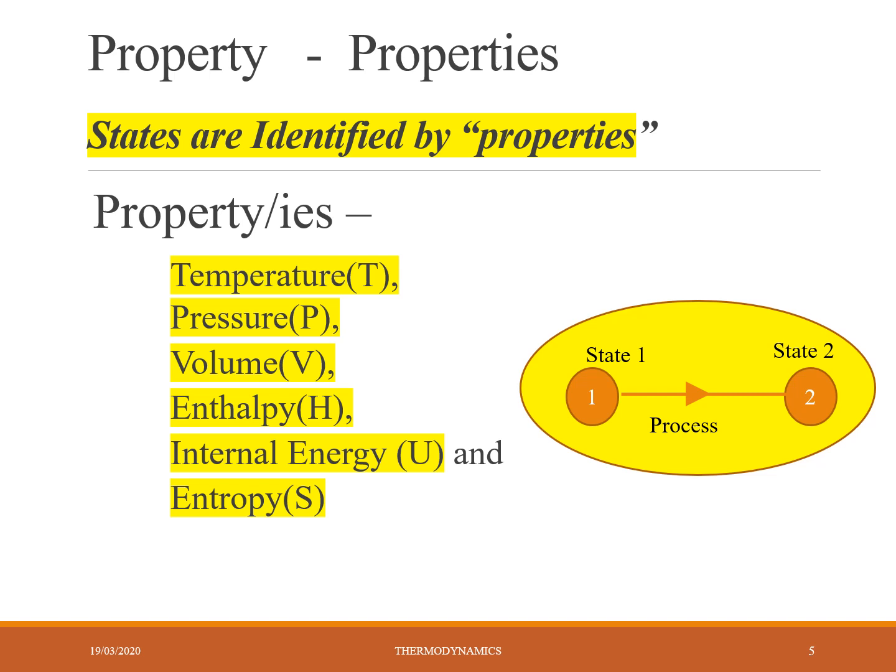What are these properties? Temperature, denoted by capital T, measured in Kelvin, that is one property. You can measure using a thermometer. And we use the units as Kelvin in engineering thermodynamics. Centigrade plus 273. You know this.